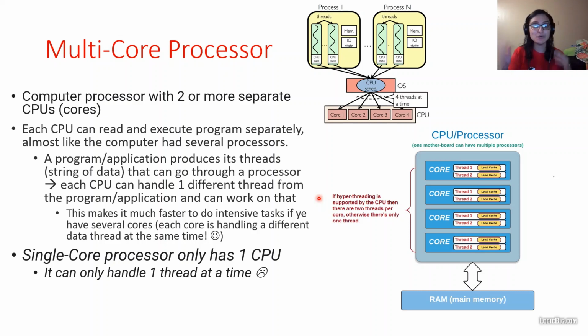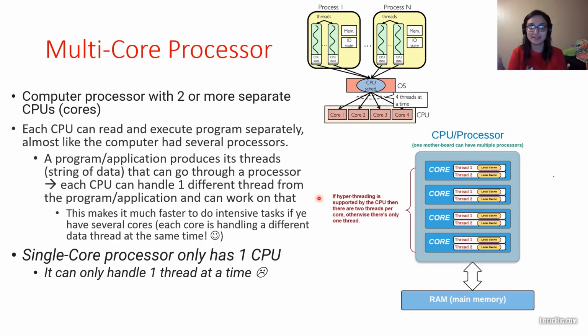So each CPU will be working on a different thread. If you have several cores, then at the same time you'll have many different threads being run. Each core is handling its own thread, and it makes it faster to do intensive tasks, because each core is handling a different data thread at the same time.